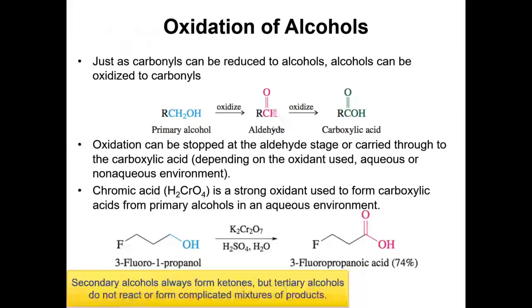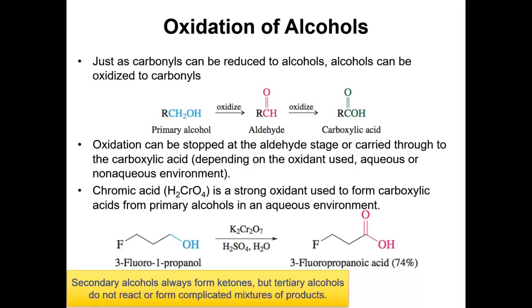But in most cases, you will see that this forms an aldehyde. If you oxidize a primary alcohol, you will go through a stage where it becomes an aldehyde. But that aldehyde, in many cases, will be even easier to oxidize than the alcohol, and the aldehyde will be further oxidized into carboxylic acid.